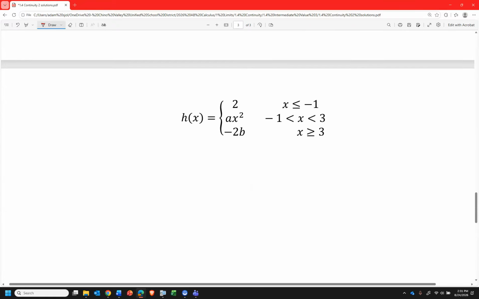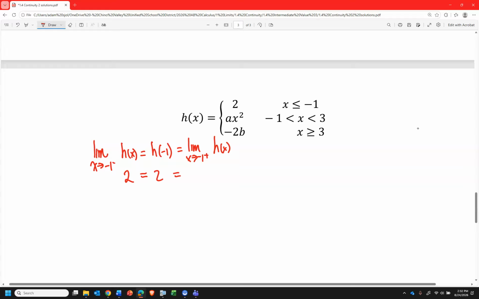So this last one is a little bit more difficult, and the reason is you have to do two bits of continuity. Over here, I'm going to do the limit as x approaches -1 from the left of h, which is supposed to be equal to h of -1. h of -1 is easy, that's 2. By the way, the limit as x approaches -1 from the left of h is also 2. And we need that to be equal to the limit as x approaches -1 from the right of h.